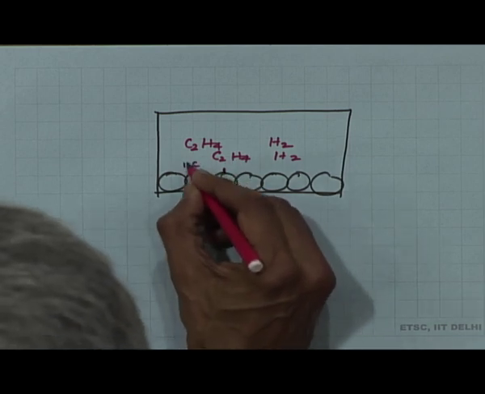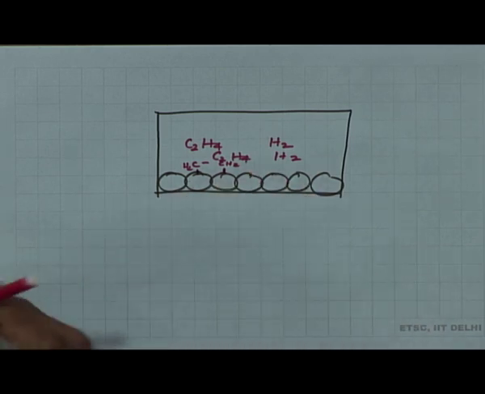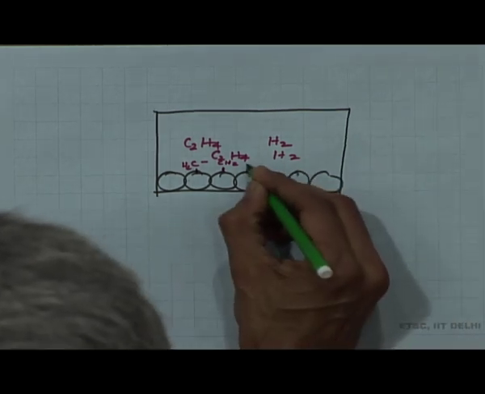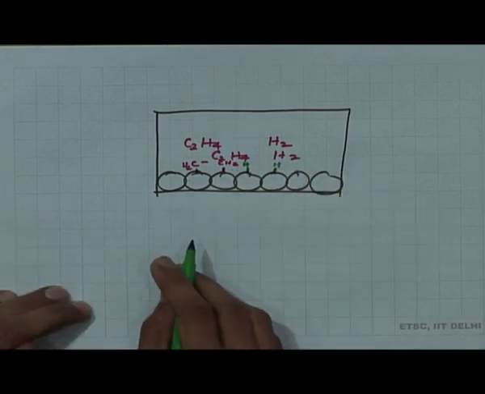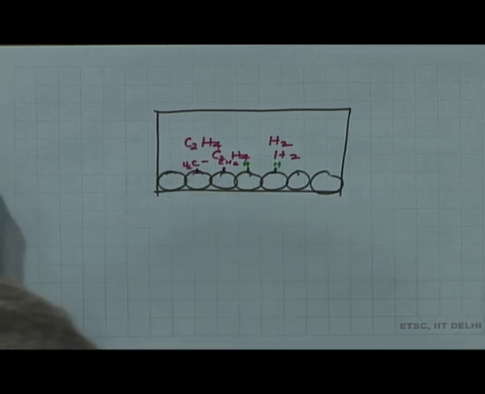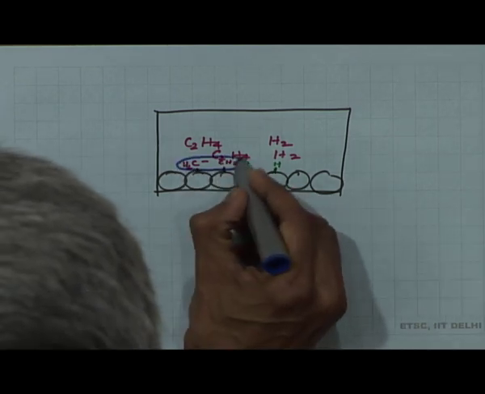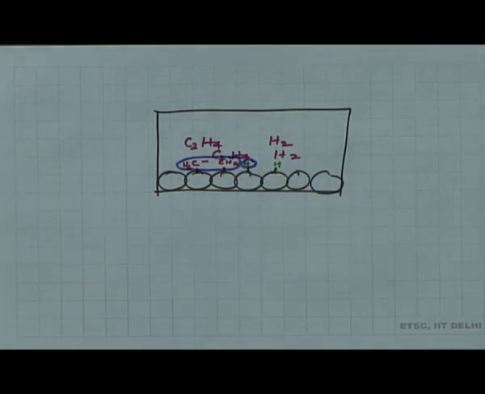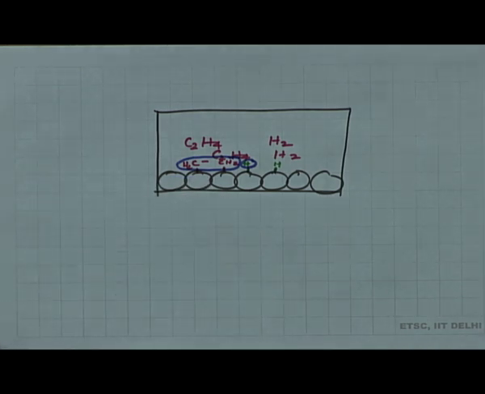So, call it that it binds like this, and I have hydrogen which binds dissociatively to these transition metals. So, I have a hydrogen here and a hydrogen here. So, both of these bind. Now, a collision on the surface means that this species which is bound here must collide with this, and the collision frequency when two things are bound is going to be smaller than if they were out here.